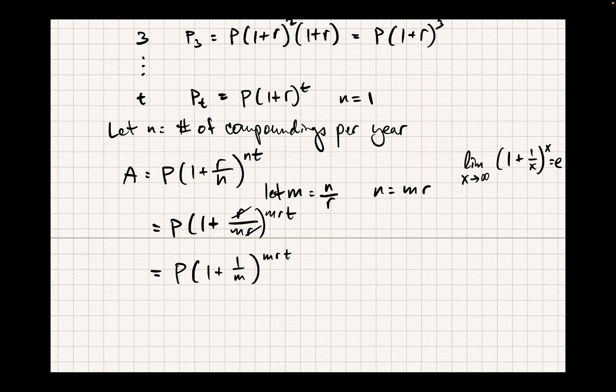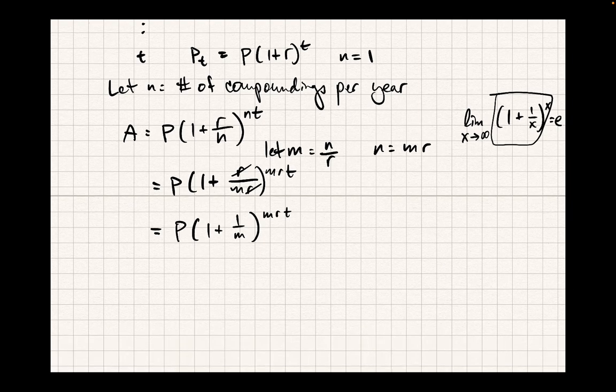I'm trying to get it to look like this. Okay, it's getting there. How can I get this to look more like this? First of all, I'm going to take out the P because this doesn't have P in front, and then I have 1 plus 1 over m on the inside.